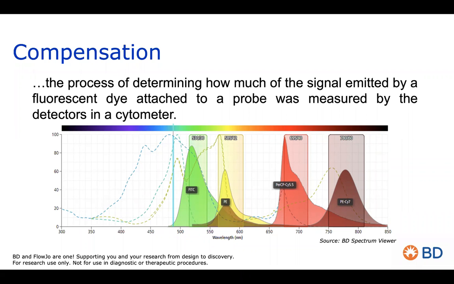This is a picture of a BD spectral viewer showing four different fluorescent probes and a setup where you've got detectors lined up to pick up the fluorescence from those probes. What this picture is showing is that in each one of the ranges the detector is collecting light from, there's a little bit of overlap from multiple fluorescent probes. And so what we have to do when we compensate is subtract out the light that came from the non-primary fluor, we call it.